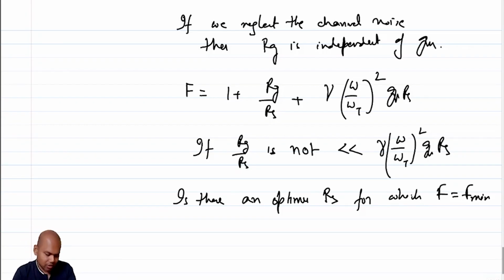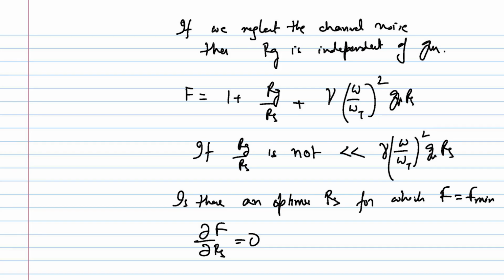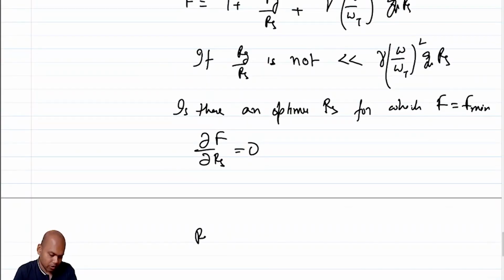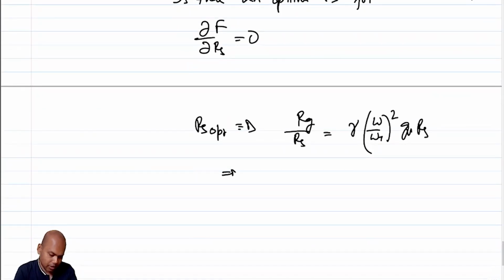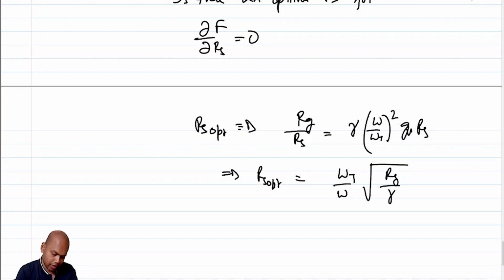So you do the age old thing: you set del f del Rs to 0, and you find the Rs optimum. It will be under the condition when these two terms are equal, that is, Rg by Rs equals gamma omega by omega t whole square Gm Rs, which means that your Rs opt is equal to omega t by omega times the square root of Rg by gamma, right?